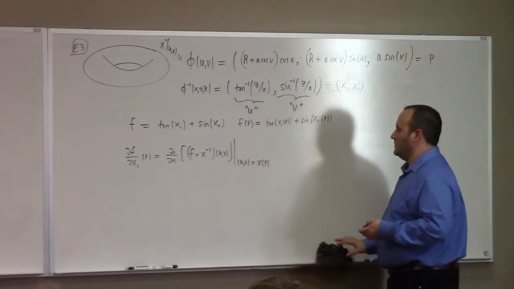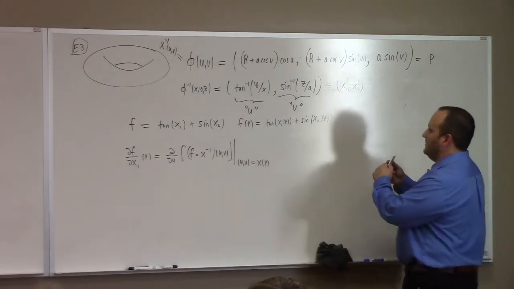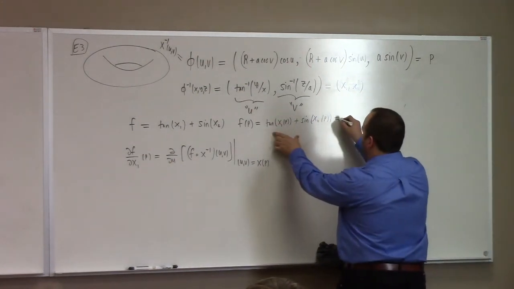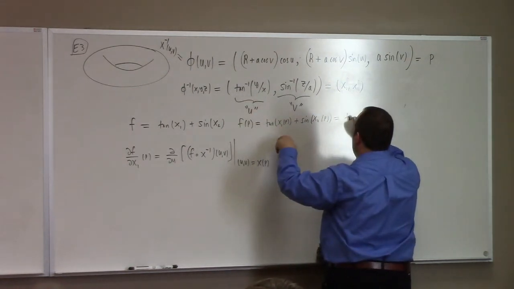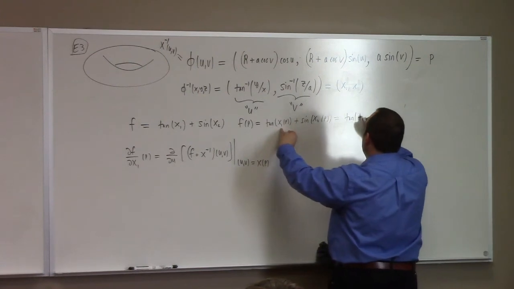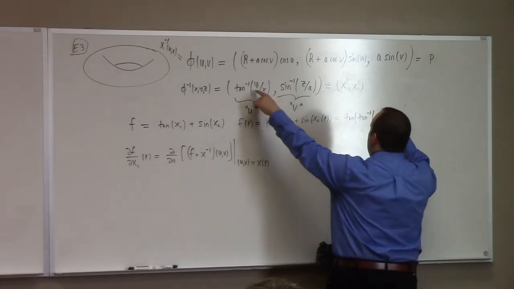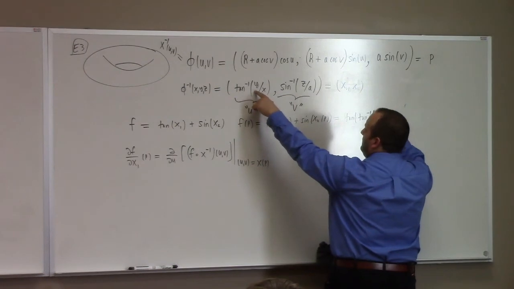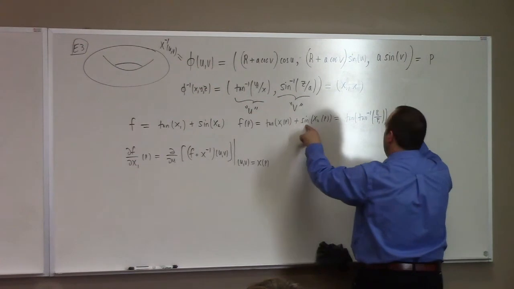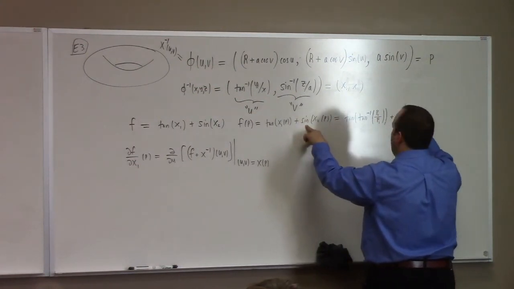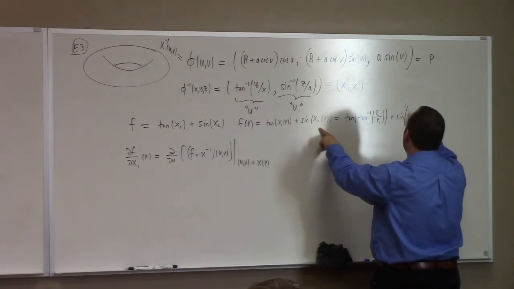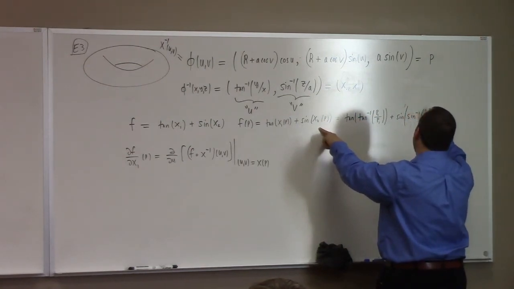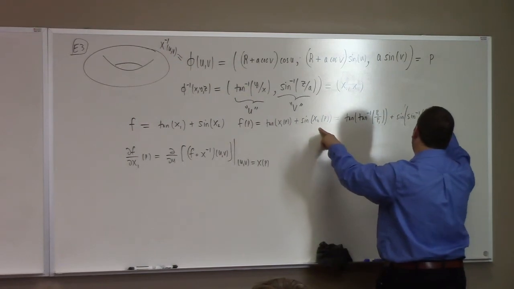All right. So f of p is tangent inverse of p2 over p1, and then plus the sine inverse of, you see my function is rather lazy, p3 over a.